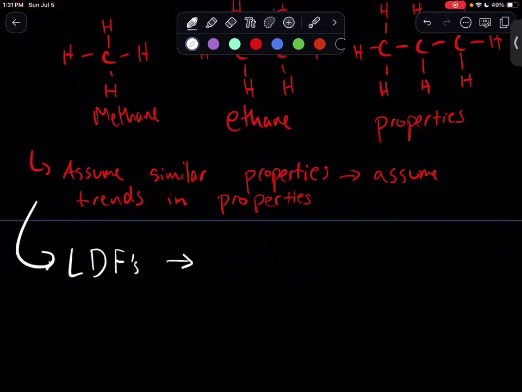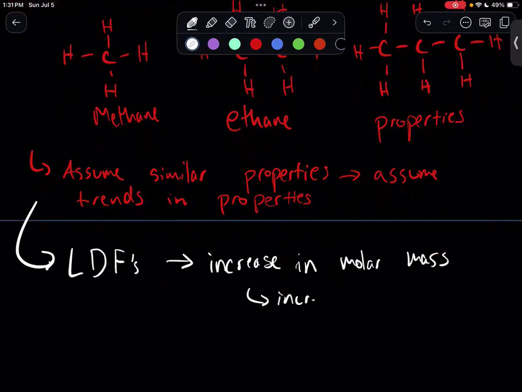And as we increase in molar mass, we can expect an increase in those London dispersion forces.